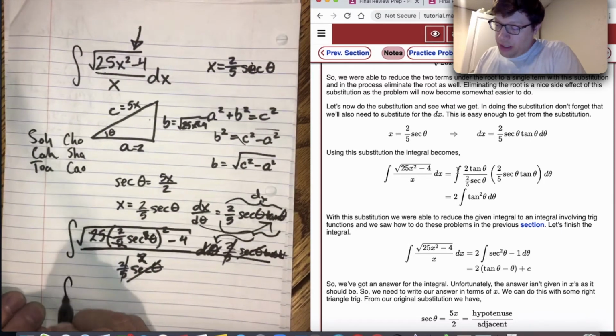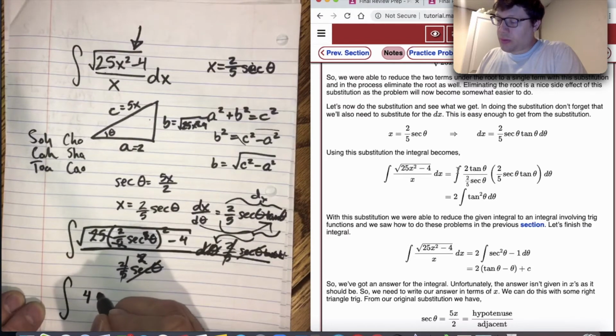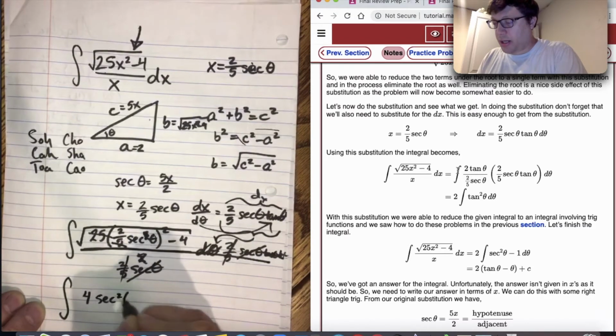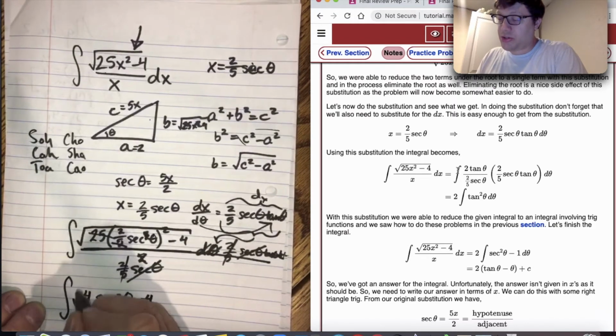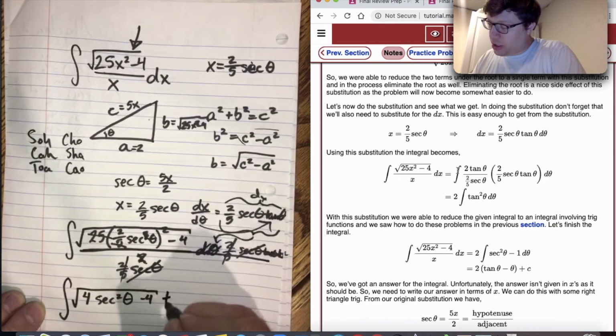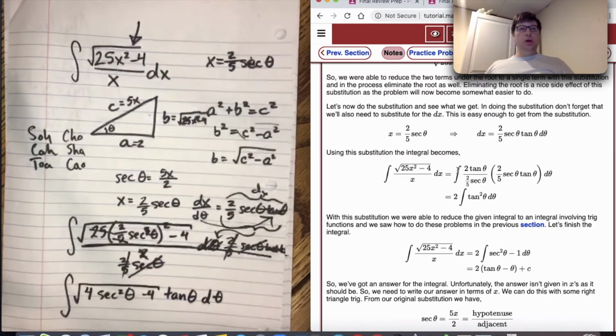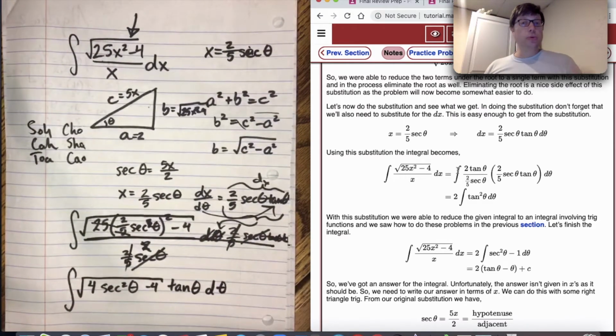So I really am left with 4 tangent theta d theta. That's a lot. We're not done, but we're one step closer.